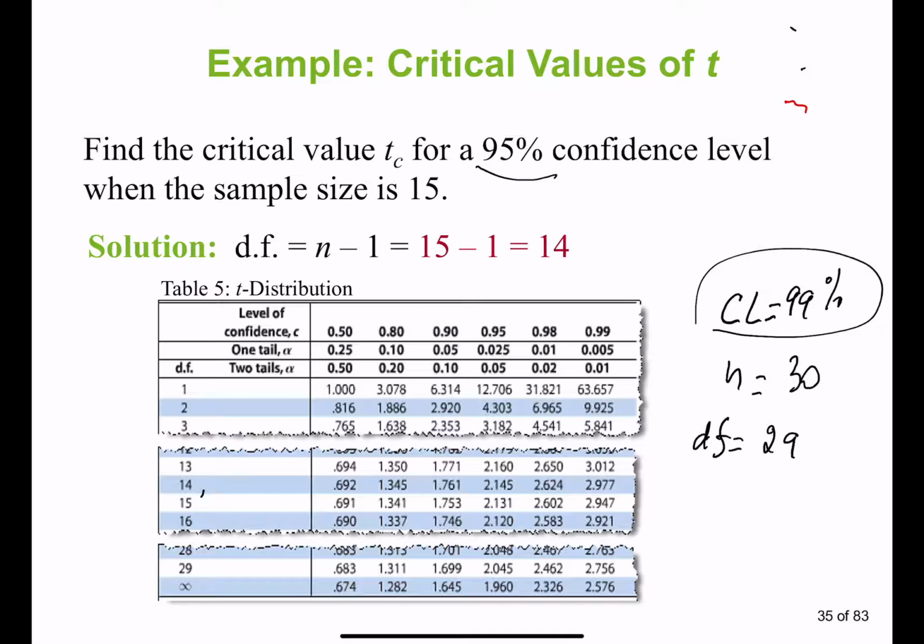And the confidence level is 99. Here it is, confidence level 99. And here is n minus 1, which is 29.